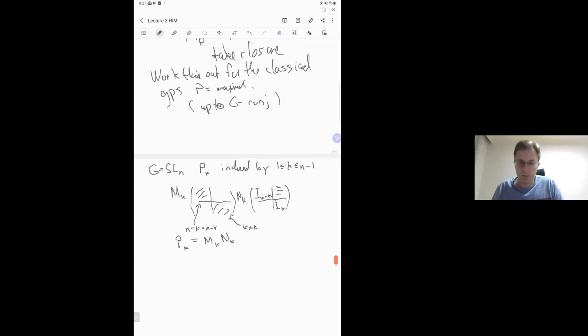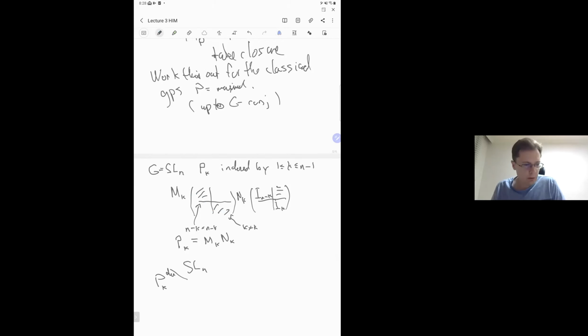So then if you think about what this is, if I look at SL_n and I mod out by P_k derived, just to remark, when I take this derived group, M_k started out as being matrices where the determinant of the upper block is the inverse of the determinant of the lower block because we're in SL_n. And when I take the derived group, I just get a copy of SL_{n-k} and SL_k.